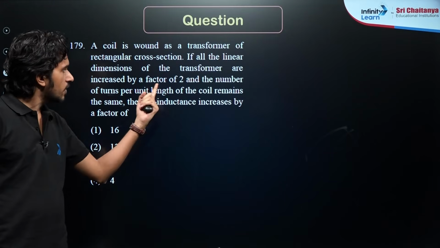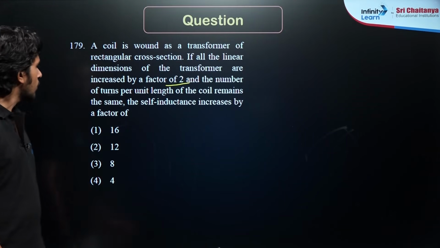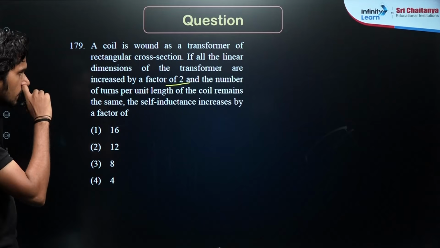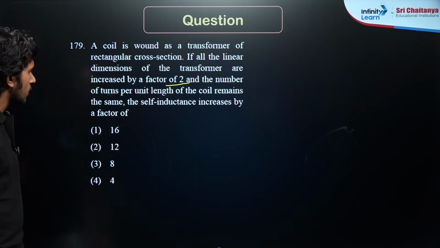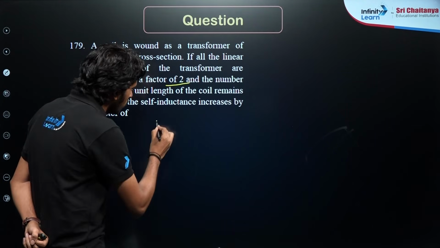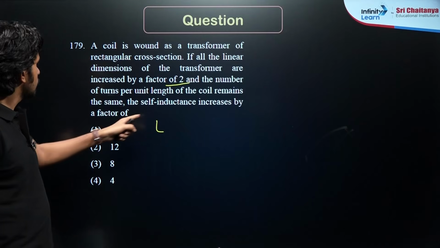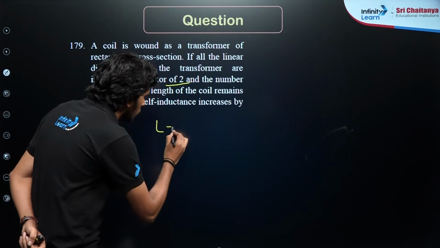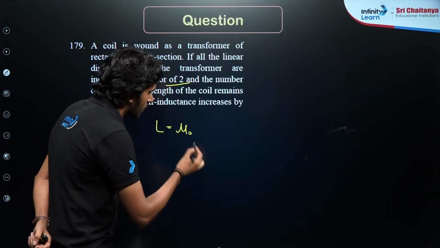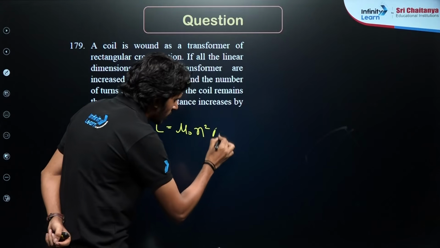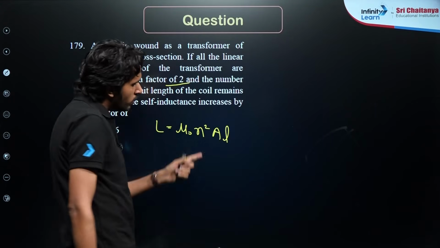First of all, you know self inductance is mu naught n square A into L. A is the area.